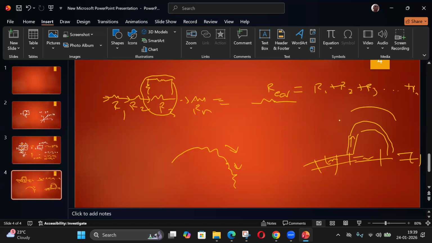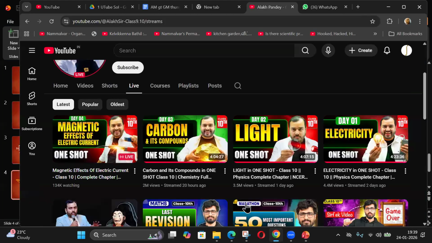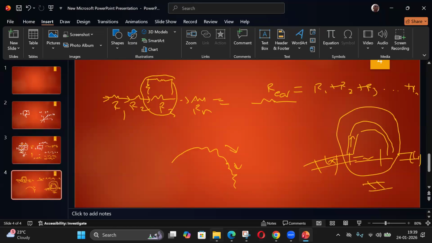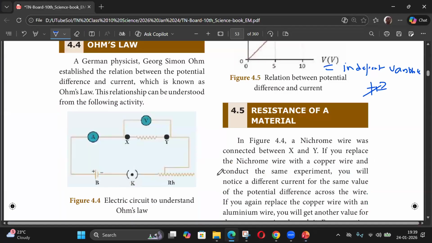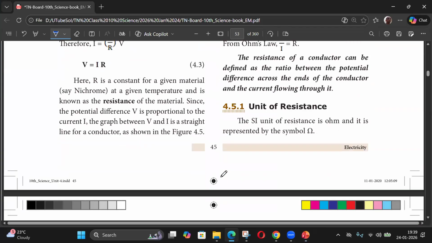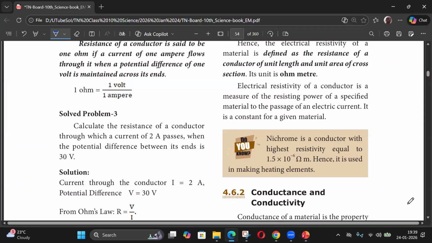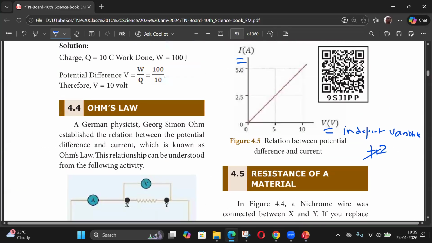If I make these two a single pipe, then this combined pipe and these are in series. So the series condition is that the current should be the same. If the resistors are in series, then the current should be the same in all the resistors.